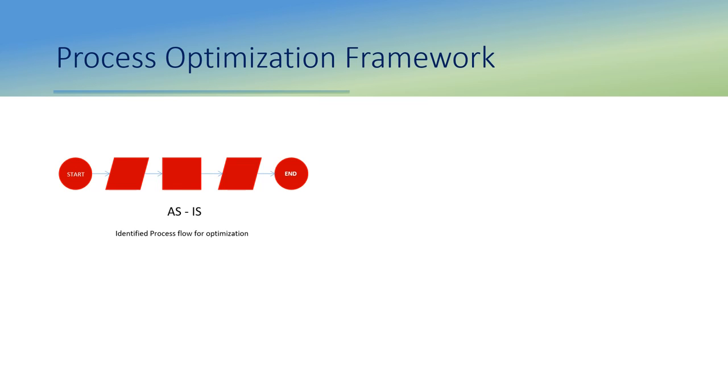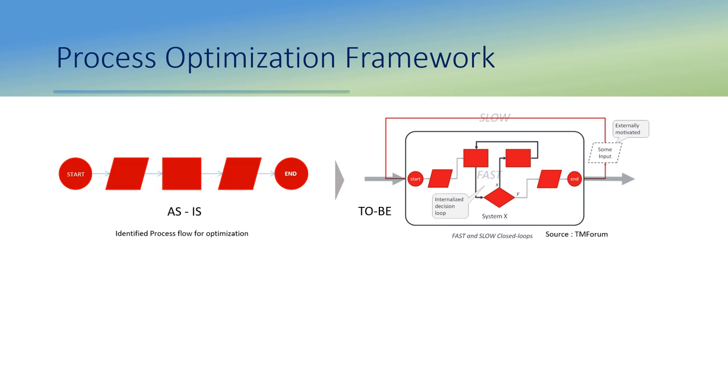Let's discuss the process optimization framework for applying data analytics, AI, and ML. To apply data analytics, AI, or ML, process flow reengineering or process flow optimization is performed on the identified as-is process flow. To apply data analytics, AI, or ML, the process flow optimization uses a closed-loop framework.